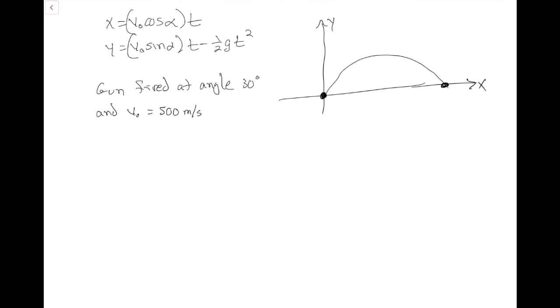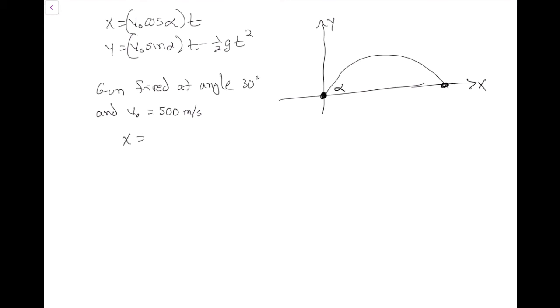Here's a physics example with a projectile. I'm posing an example where a gun fires a piece of artillery at an angle of 30 degrees. So here's our angle of 30 degrees, and our initial velocity is 500 meters per second.